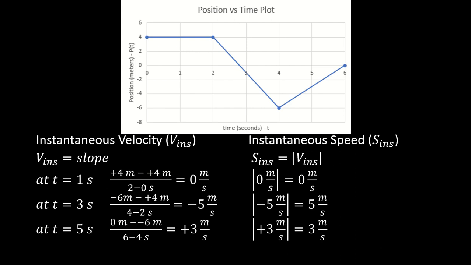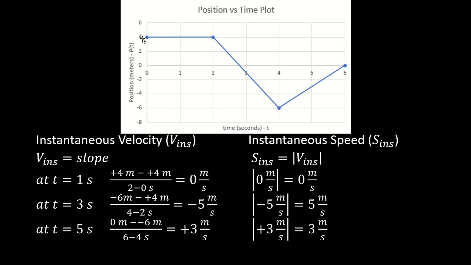So if we care about the instantaneous velocity at time t equals 1 second, that would be correlated to this linear region, and we would just take the slope from this point to this point, or +4 meters minus +4 meters, divided by 2 seconds minus 0 seconds, which gives us a slope of 0 meters per second.